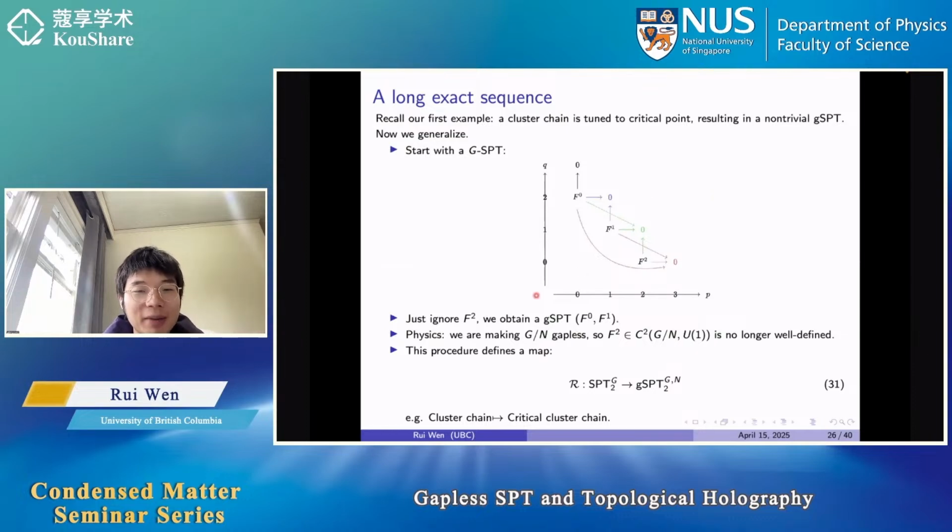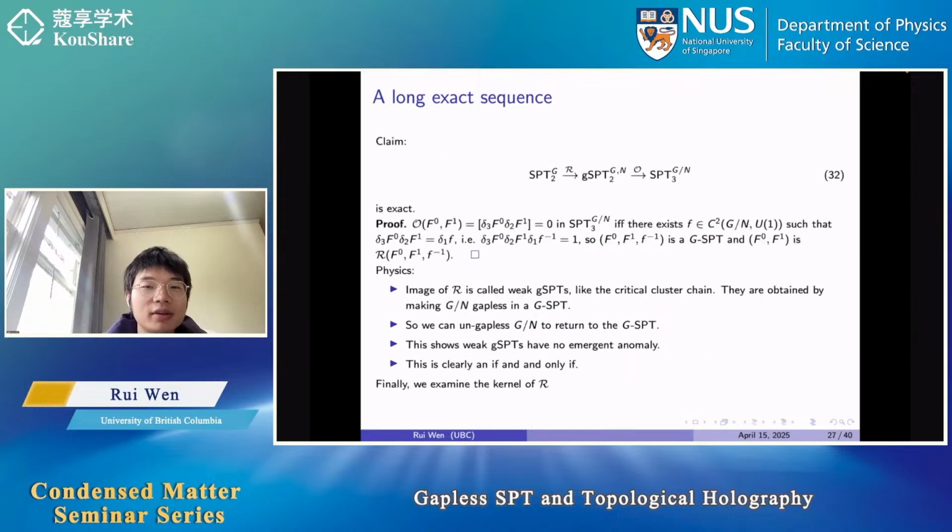So we obtain a gapless SPT F0, F1, right? And the physics is that we're making G over n gapless. So this F2, as we discussed before, is no longer well defined. We just ignore that. So this procedure defines the map from the class of SPT of G to gapless SPT of G over n. So for example, the cluster chain goes to the critical cluster chain, right?